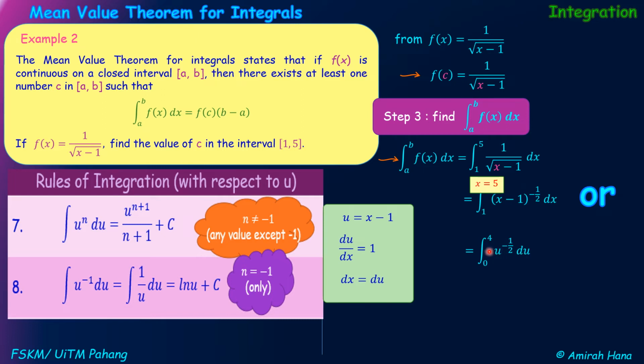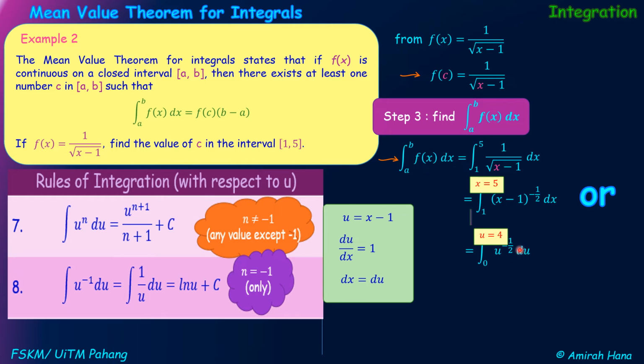Okay, so we need to find the new upper limit for variable u. So that's why we get this. Okay, u equals 4. But how we get u equals 4? From here. Okay, we substitute into here. When x equals 5, we substitute here. So we get u equals 5 minus 1. So we get u equals 4. Okay, this is our new upper limit for variable u.